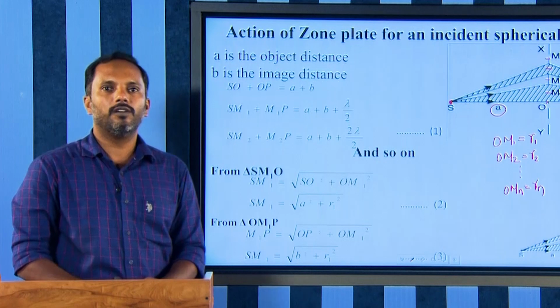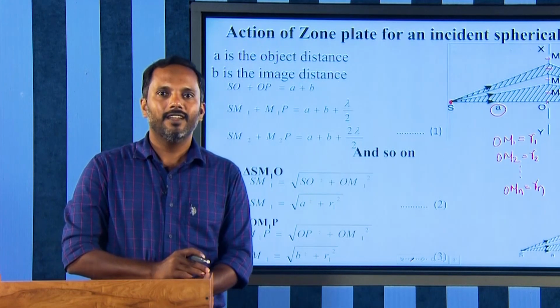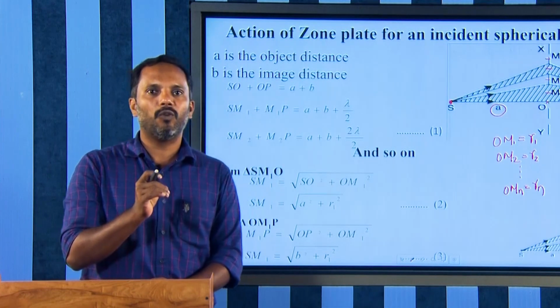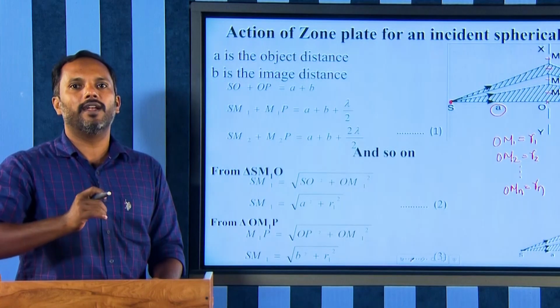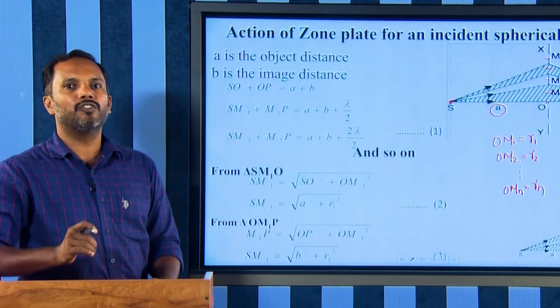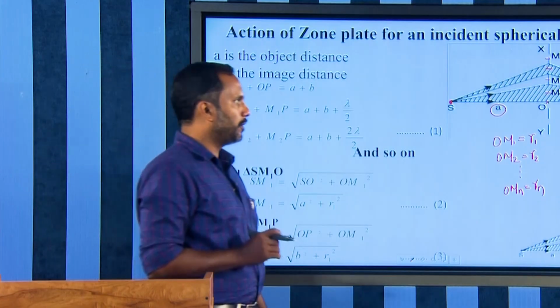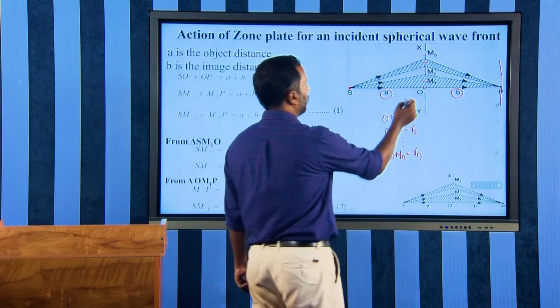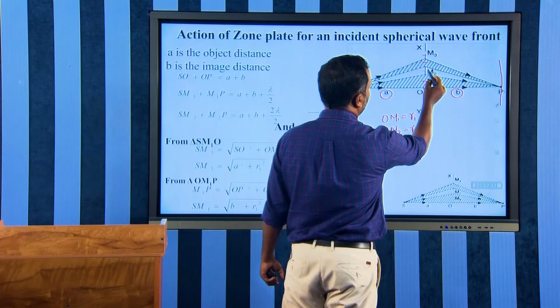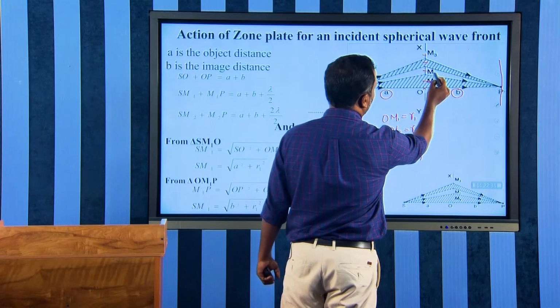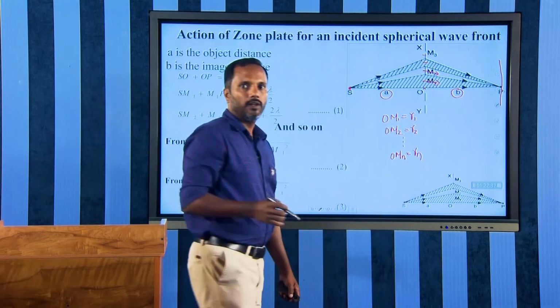Now, the position of the screen is such that from one zone to the next there is an increase of path difference by lambda by 2. So the light from one zone and another zone will have a path difference of lambda by 2.